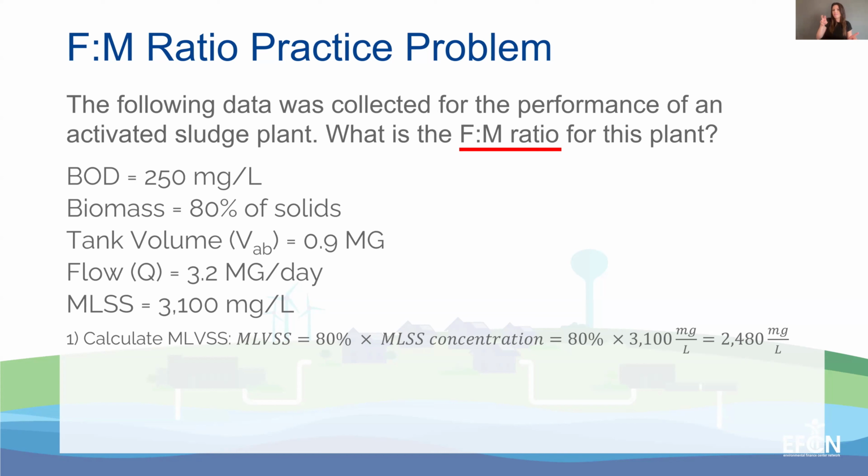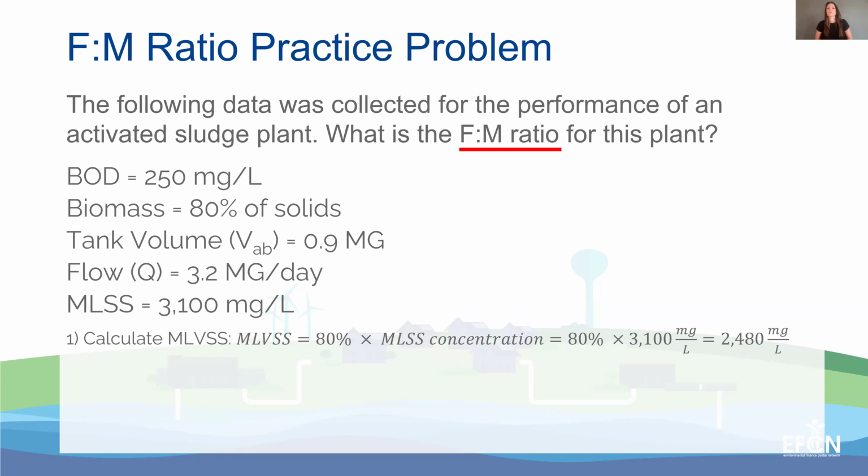Maybe we just guessed between the two, 0.36 and 0.29, because we remembered that the F to M ratio is usually a little lower, between 0.2 and 0.6, which isn't a bad strategy because you at least are able to get rid of two answers right off the bat.